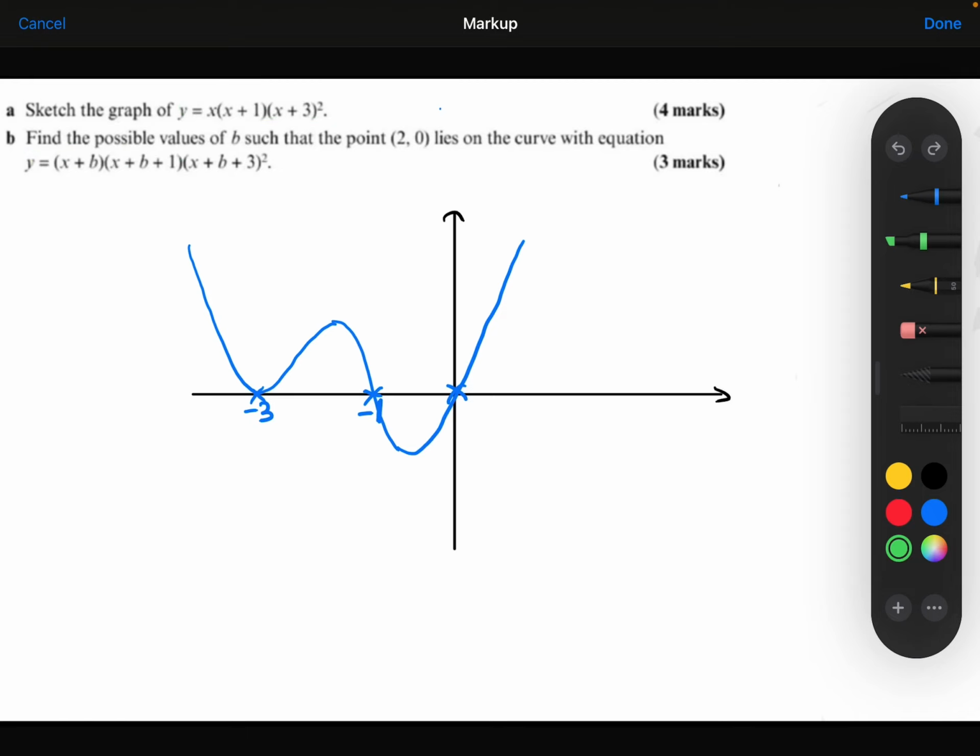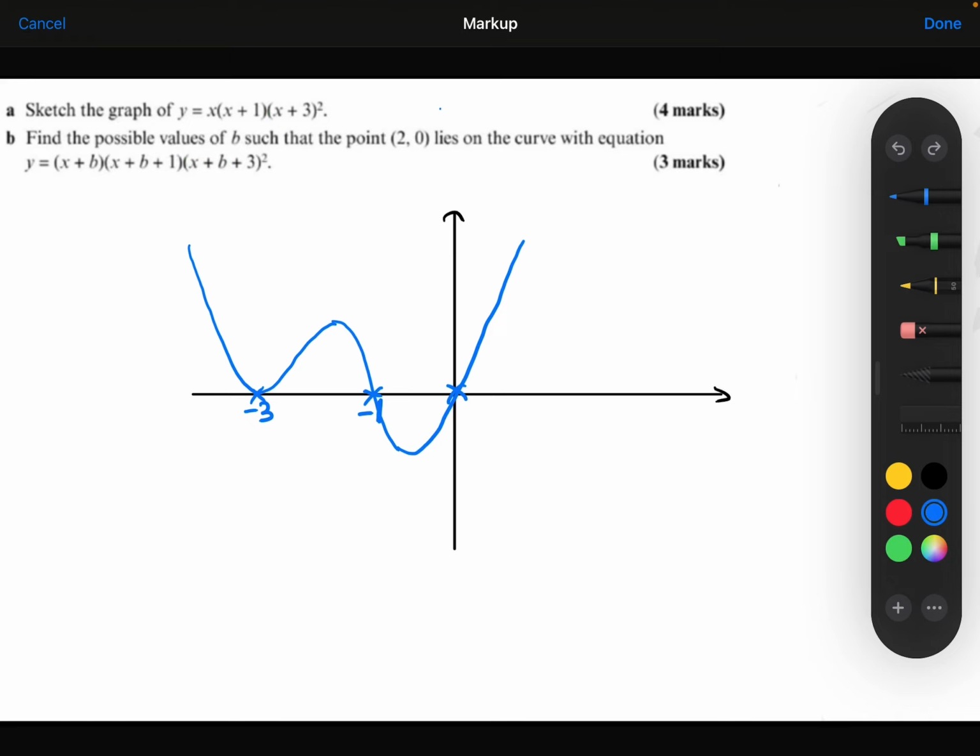Let's compare those carefully. What I've sketched had an x at the front, and this has an x plus b. Here I had an x plus 1, and here I've got an x plus b plus 1. Here I've got an x plus 3, and here I've got an x plus b plus 3.